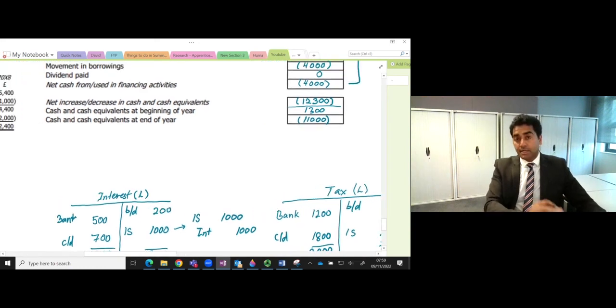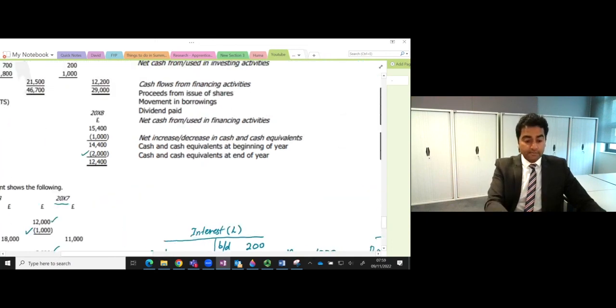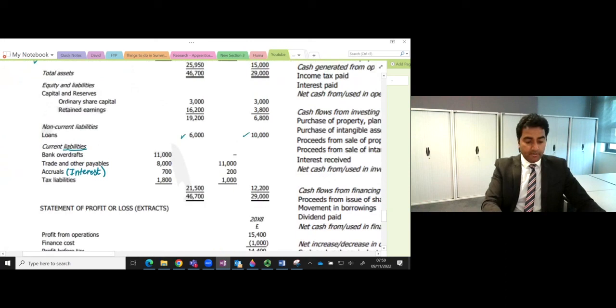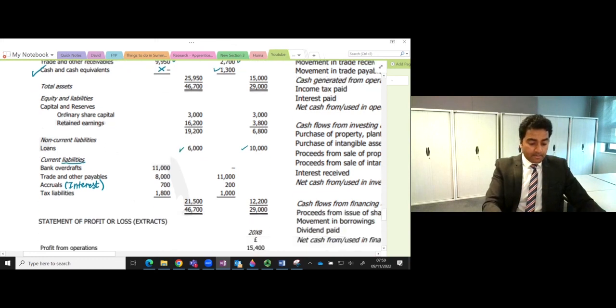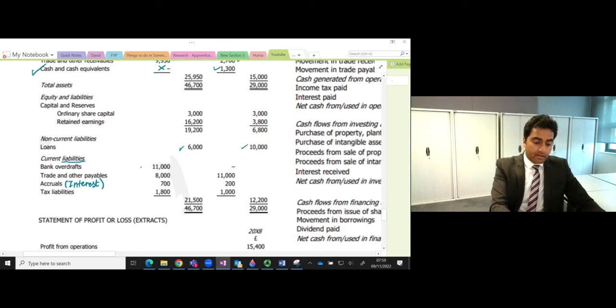So let's check our statement of financial position. Is it true that our cash or cash equivalent is negative? So going back to my statement of financial position, you can see there is no cash or cash equivalent. Instead, there is a bank overdraft of £11,000.